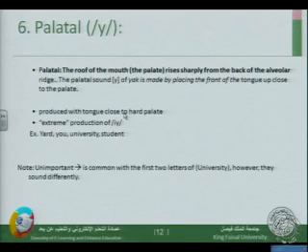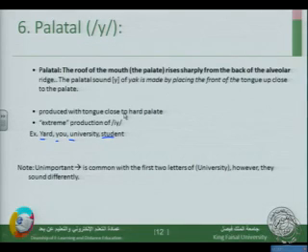Let us move now to the sixth one, the palatal Y. The roof of the mouth, the palatal, rises sharply from the back of the alveolar ridge. The palatal sound Y of yak is made by placing the front of the tongue up close to the palate, produced with the tongue close to the hard palate, like an extreme production of E, like the words yard, university, you, stew.